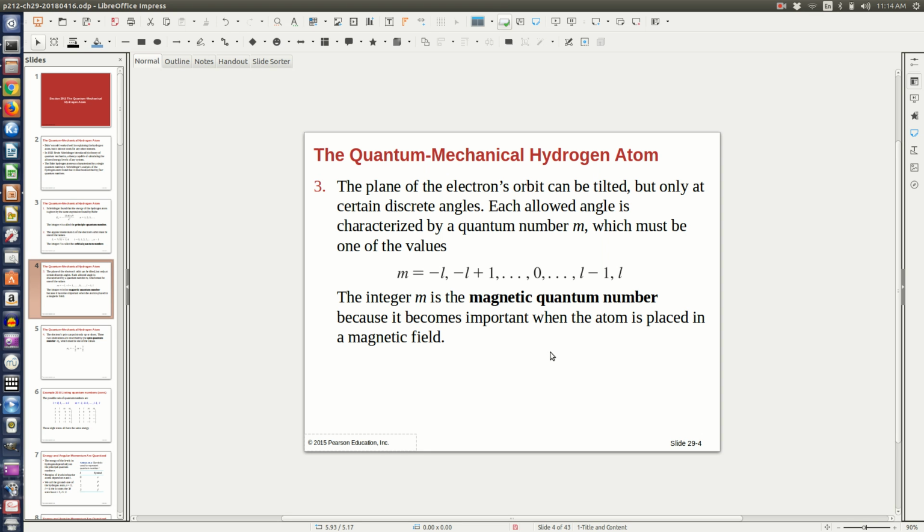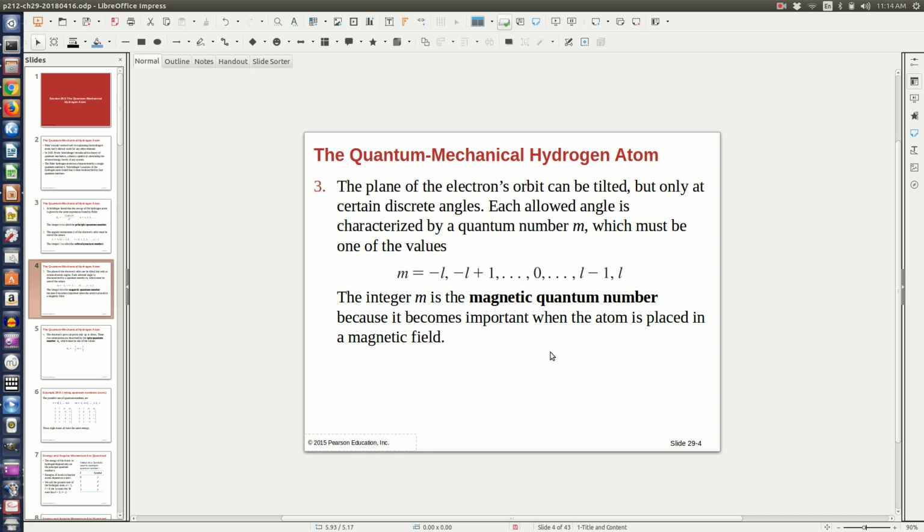And so the shadow length, or the projection of that angular momentum onto the z-axis, can be thought of as m. And those shadow lengths can be anywhere from negative l all the way up to l in integral values. So for a little l equals 2, because that's one of the possibilities when we had n equals 3, little l could be 0, 1, or 2.